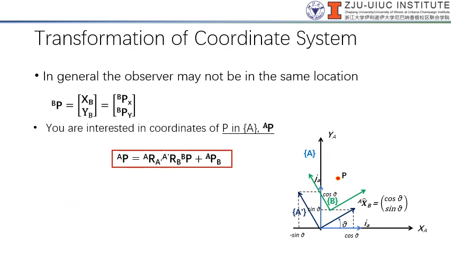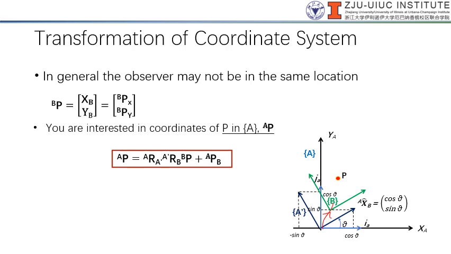But if we look at this operation, it may not always be so straightforward. Life can be a little bit more challenging sometimes. Say, for example, the origin may not coincide. So the origin of frames A and B may not be the same, and so B is actually an offset away.